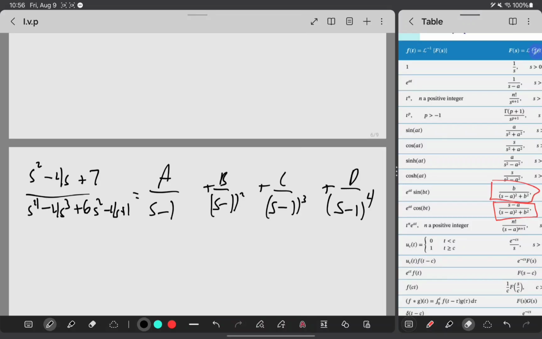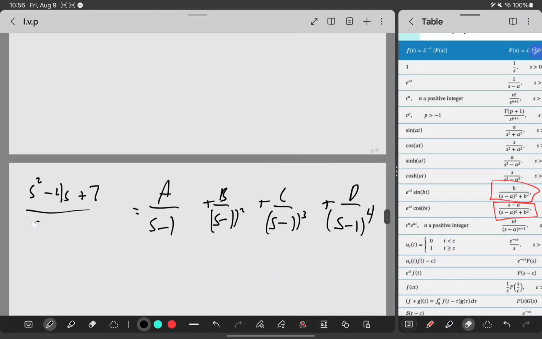Right? Because this bottom part can be rewritten as that. So that's how you would do this one.